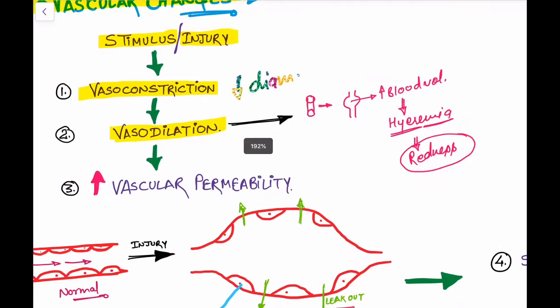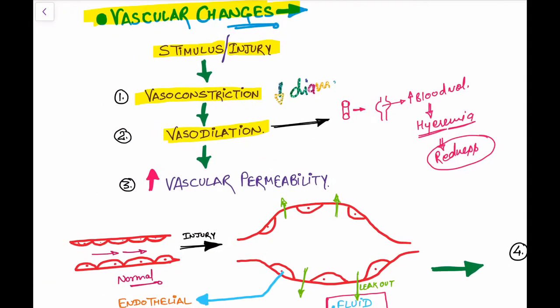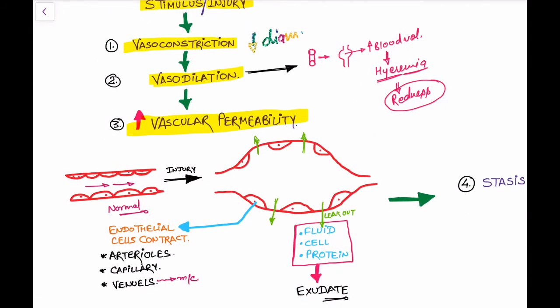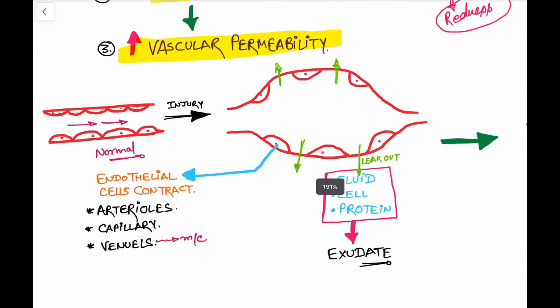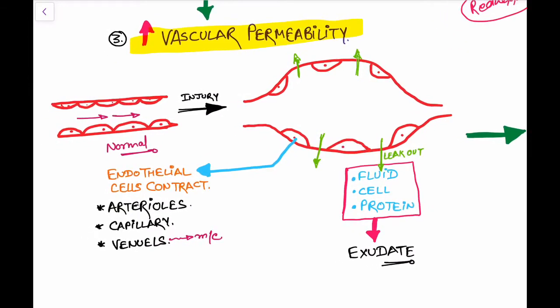And this vasodilation will lead to increase in vascular permeability. So friends, we will discuss this increase in vascular permeability in detail. Here we have normal blood vessels, in which normal flow of blood is occurring. When any kind of injury happens, it leads to vasodilation and increase in vascular permeability.